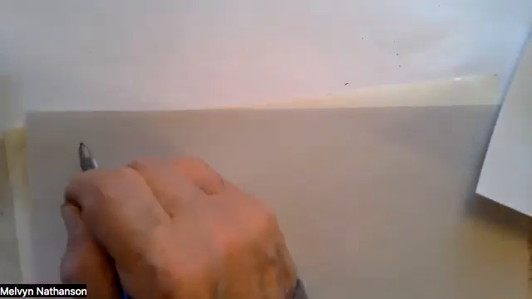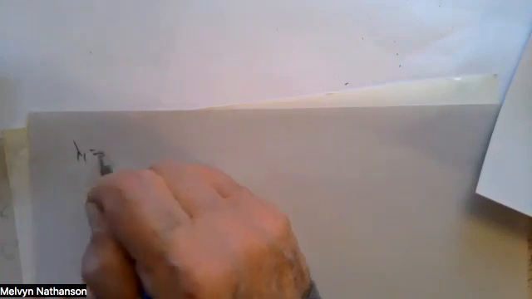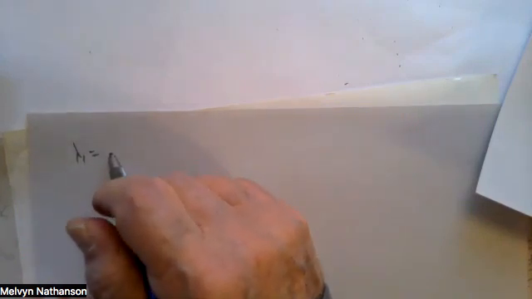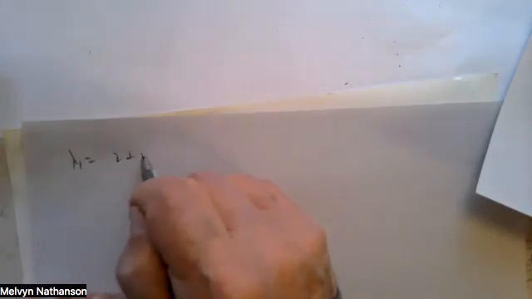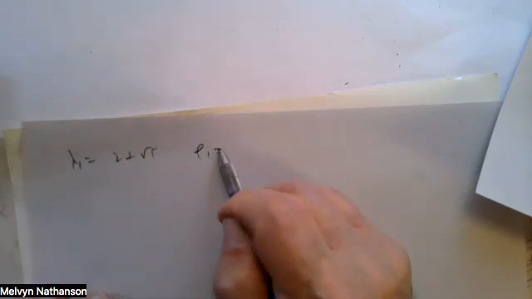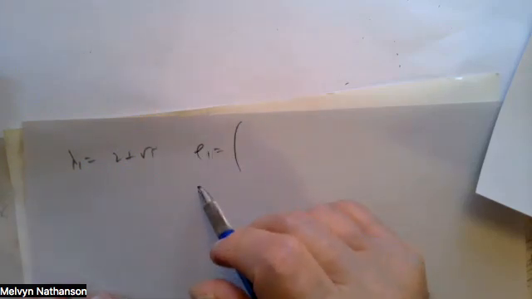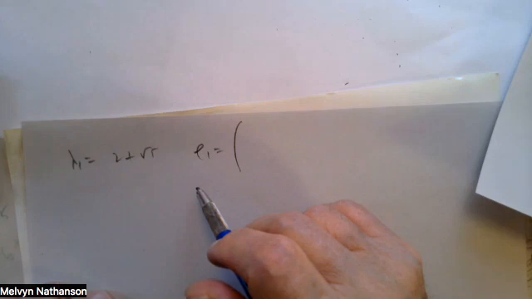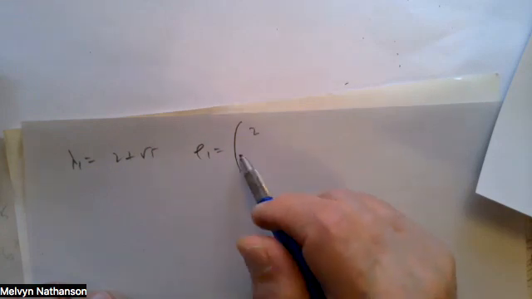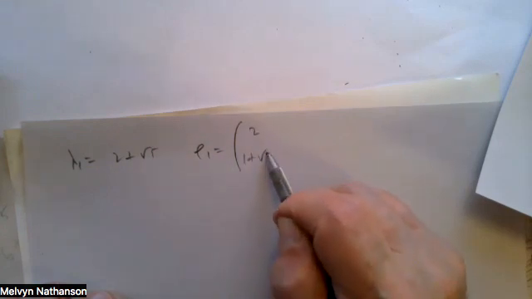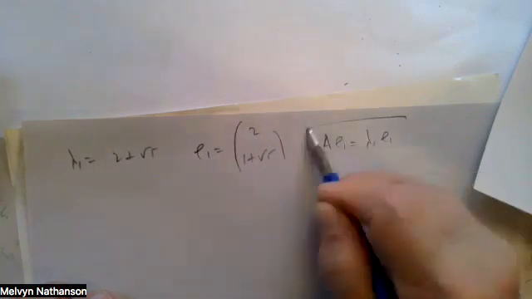So let's just double check. So if I take lambda 1 to be the eigenvalue 2 plus root 5, and I take E1 to be the vector x equal to 2, y equal 1 plus root 5. I hope it is the case that AE1 is lambda 1 E1.